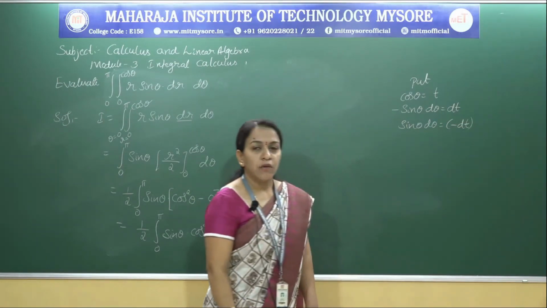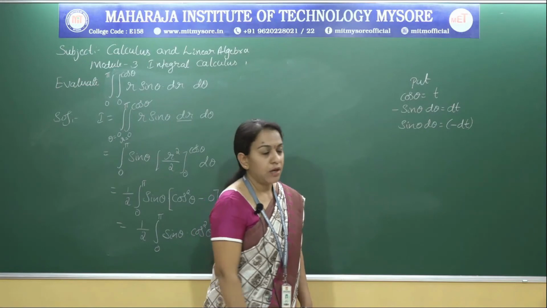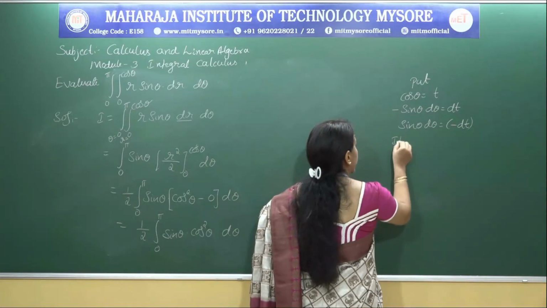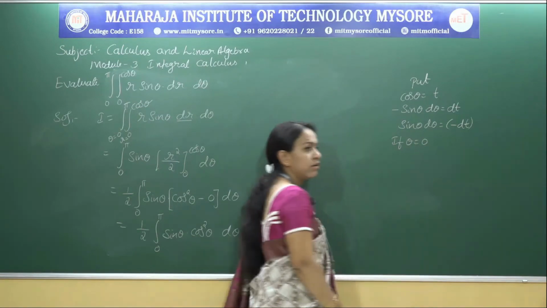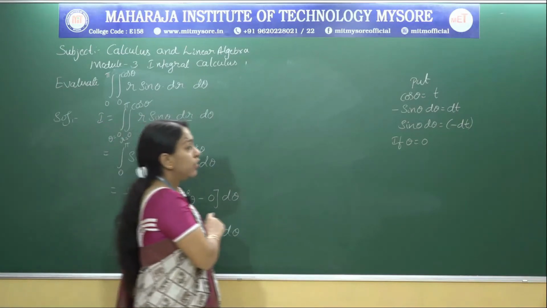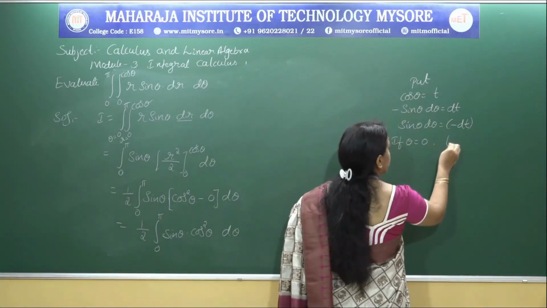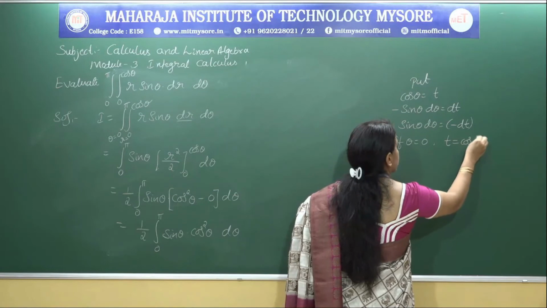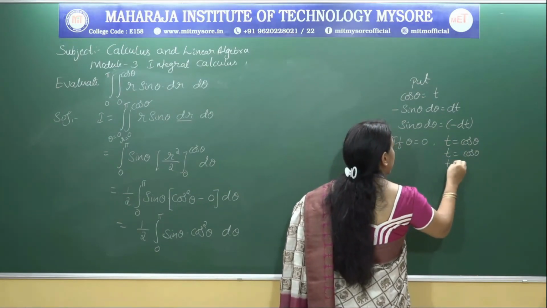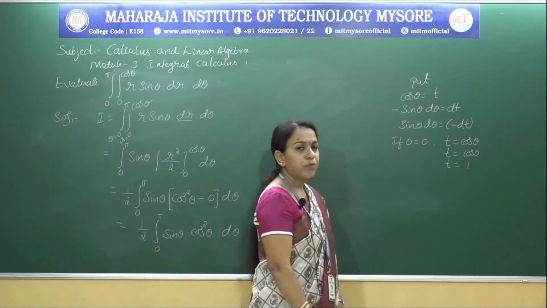Once I replace the theta variable by another variable t, of course we have to change the limits of the function also. The given limit is theta equal to 0; theta varies from 0 to pi, right. So if theta is 0, then what is our t? t equals cos theta, or t equals cos 0, that is t equals 1.